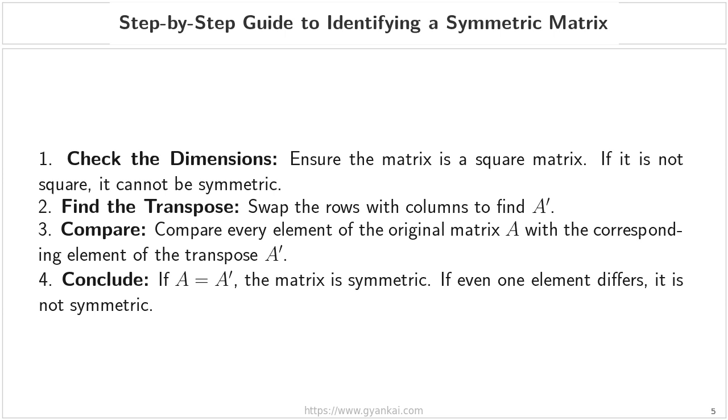If matrix A is exactly equal to matrix A prime, then the matrix is confirmed to be a symmetric matrix. However, if you find that even one single element differs between the two, the matrix is not symmetric. Now that we have a conceptual understanding of what a symmetric matrix is and how it looks visually, let us walk through a formal, step-by-step process to identify one. To see this process in action, let us move to the next slide and apply these 4 steps to a practical example.